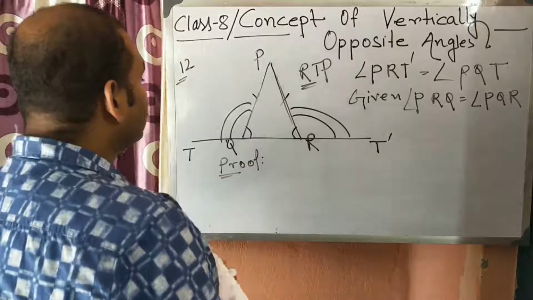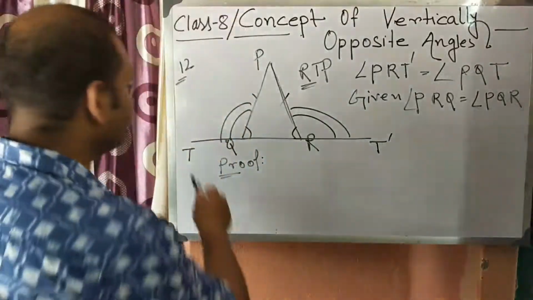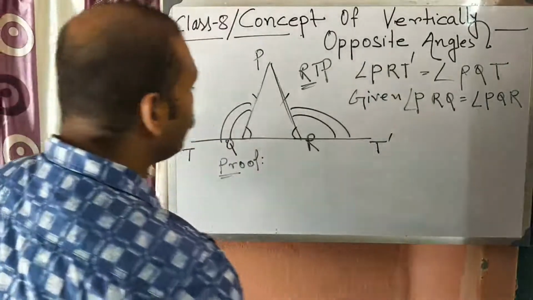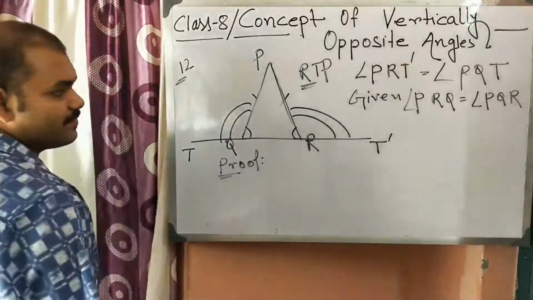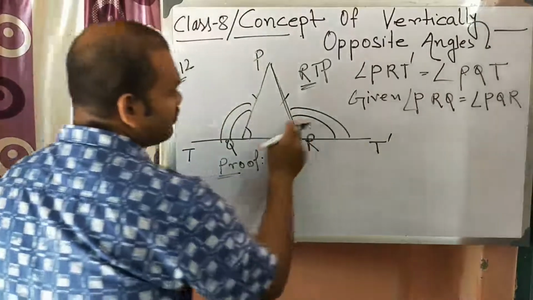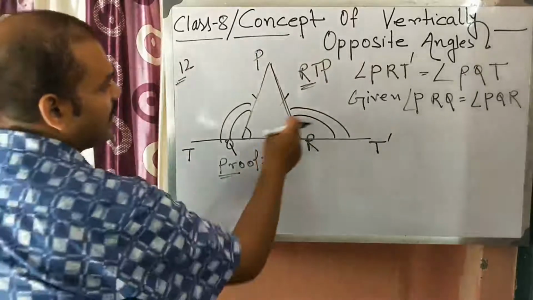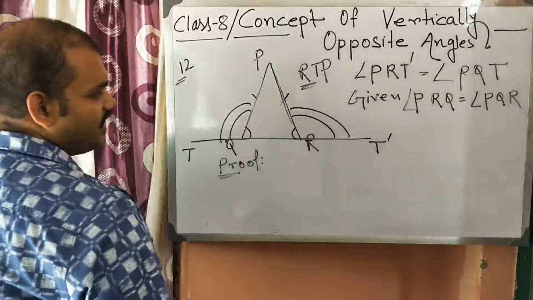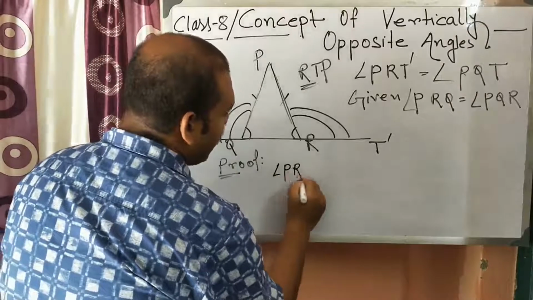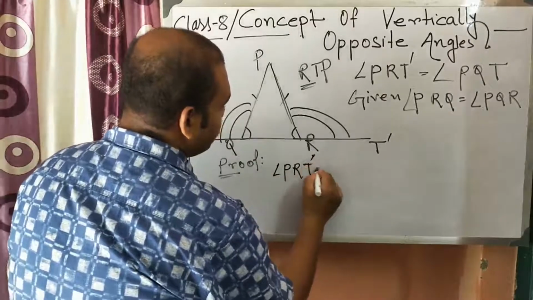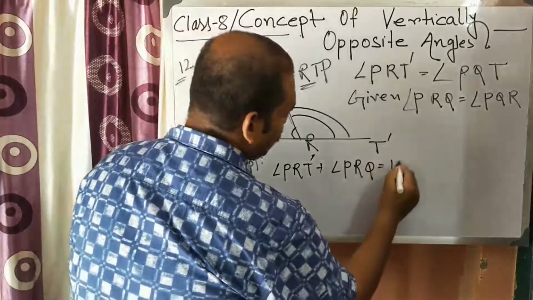Just consider the straight line. As QR is extended, TT prime is a straight line, and when PR intersects it, the two angles formed on the same straight line are equal to 180 degrees. So we can write angle PRT prime plus angle PRQ is equal to 180 degrees.